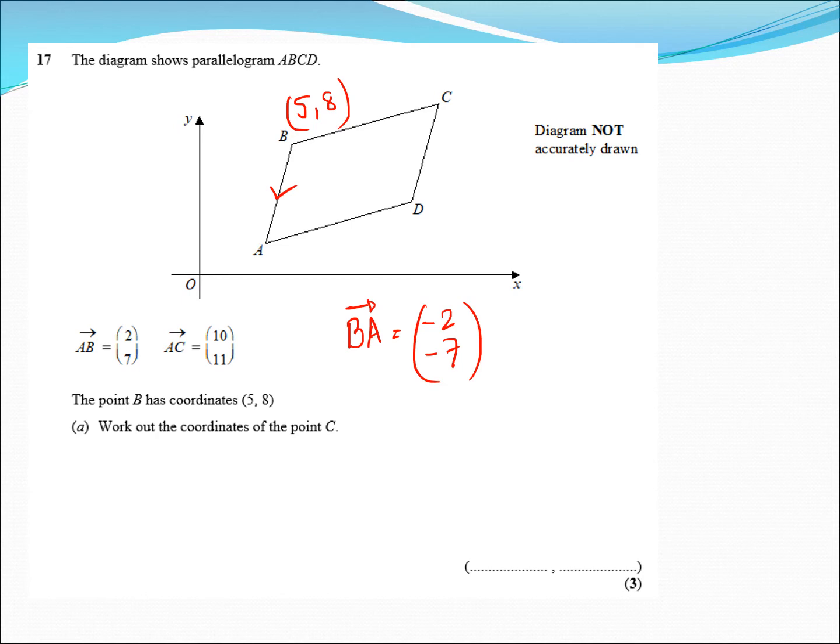So that means from coordinate 5, 8, if you move 2 units to the negative side and 7 units down, right, you will get the coordinates of A as, you're getting 5 minus 2 and 8 minus 7, which will give you the coordinates of A as 3 and 1.